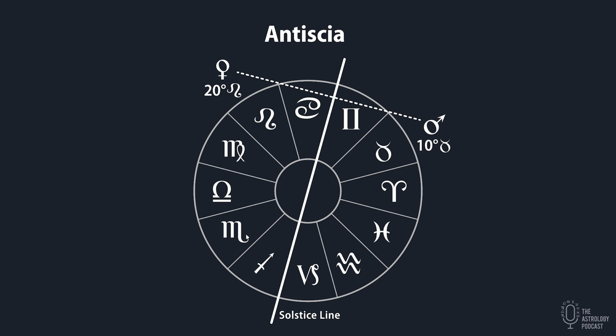If you had Mars at 10 degrees of Taurus and Venus at 20 degrees of Leo, they would be considered to be in antiscia signs because those signs have equal amounts of light relative to the solstice, the days associated with those degrees.